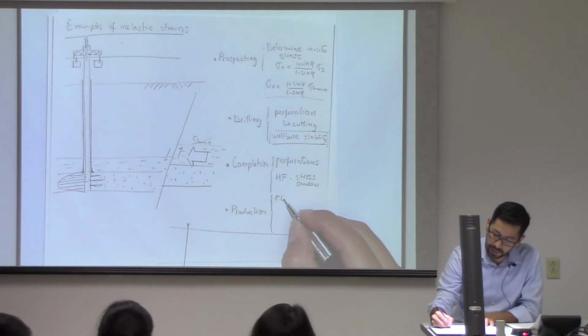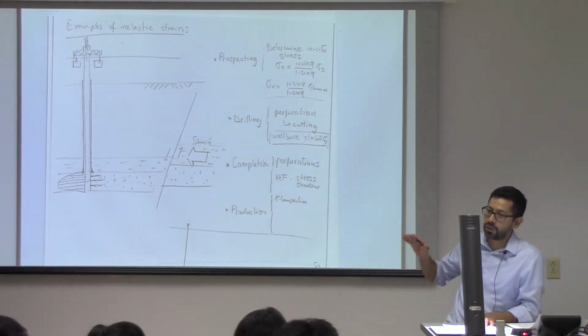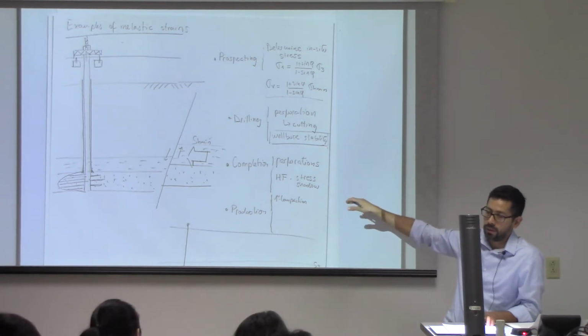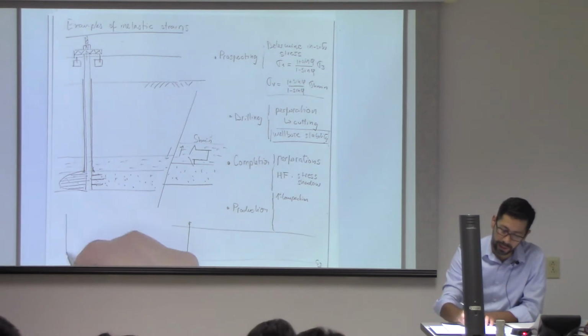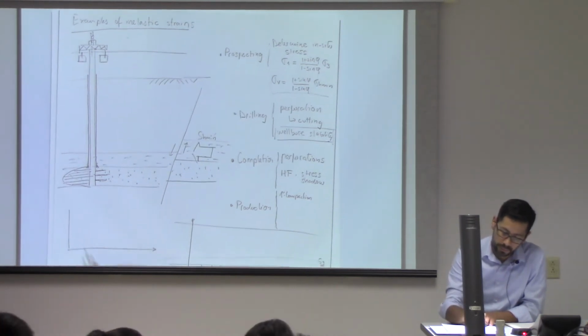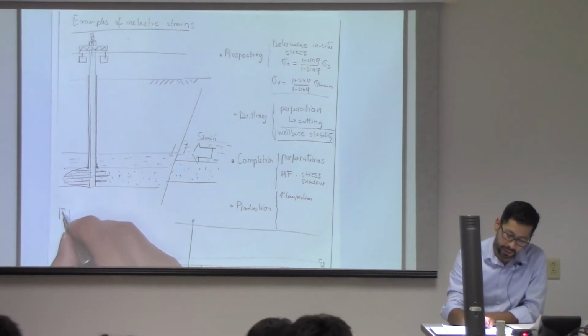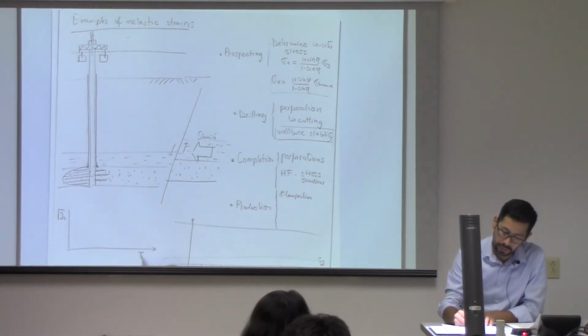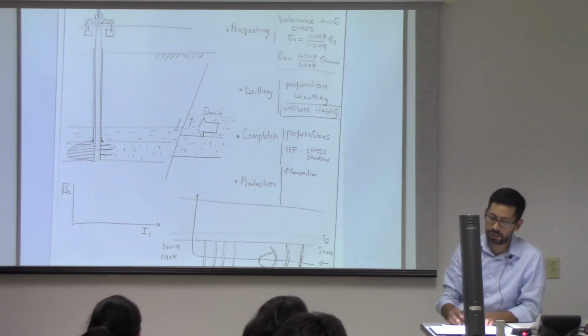First, you can have, as we have seen before, compaction, or compaction beyond the elastic limit. If you remember when we were analyzing the depletion stress path, we had J2 here and I1 here, or mean stress and deviatoric stress.